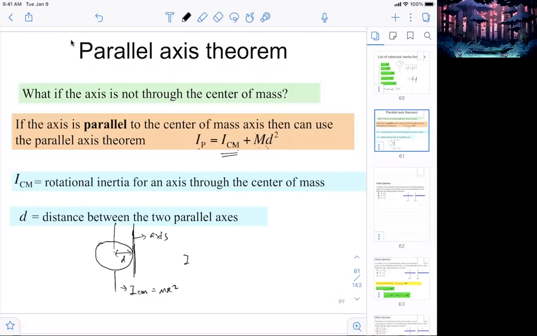So I relative to this new axis, if you call this P, will be I_CM plus md squared, which is mr squared plus mr squared. So it's 2mr squared. You can see that through the center of mass will always be the smallest rotational inertia, indicating it's always easiest to rotate something relative to its own center of mass.